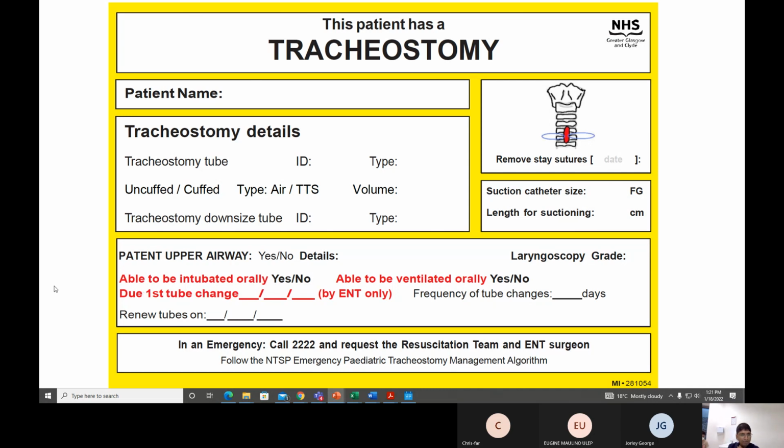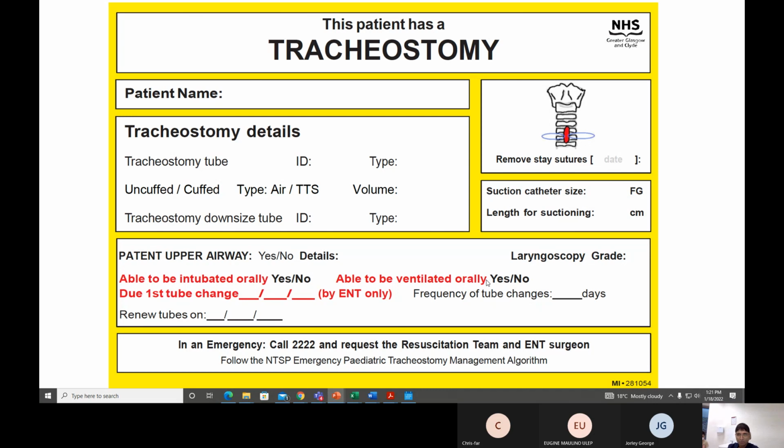So if the patient has upper airway difficulties, then you need to say if the patient can be intubated orally, and that anybody else has intubated the patient orally and has been able to intubate, and is the patient able to be ventilated with bag valve mask in the usual fashion.